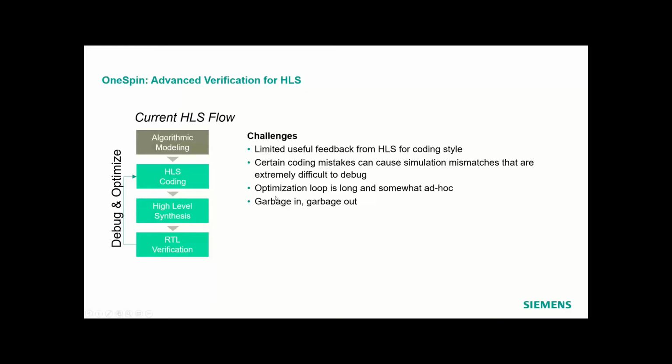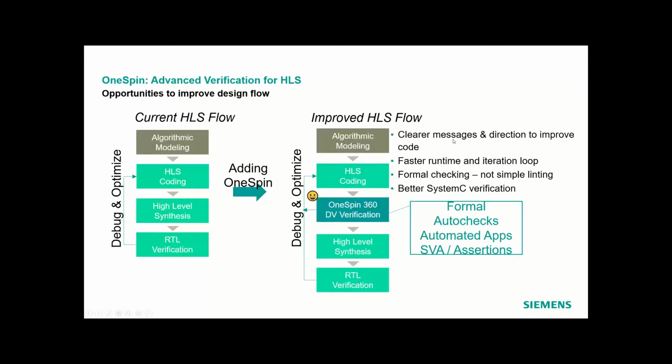And also, if the SystemC code has some issues, often the high-level synthesis tool will also produce the same problem in the generated RTL, so we can call it a garbage in, garbage out approach. These are all the reasons why the current commonly used HLS flow should be improved.